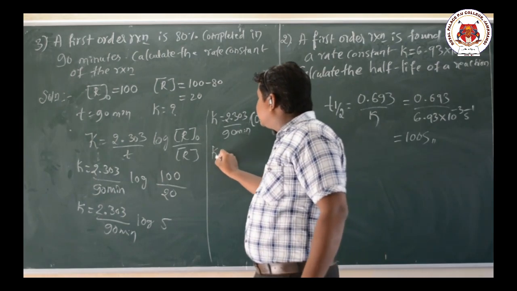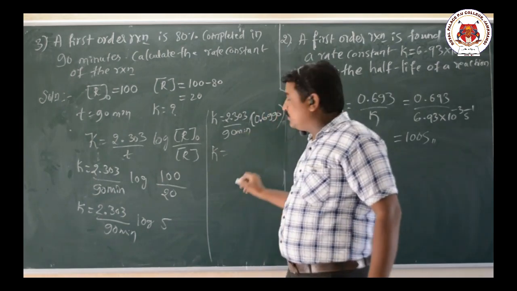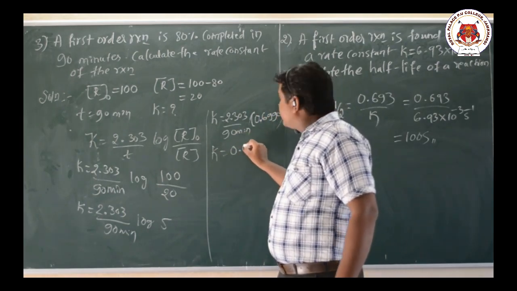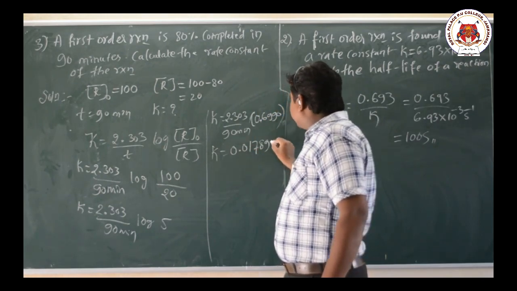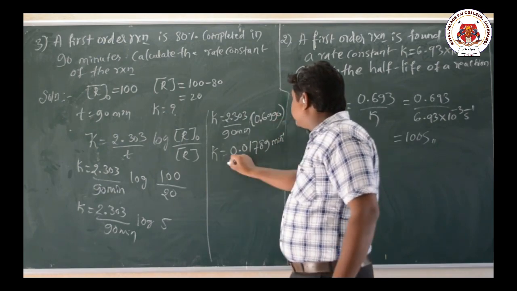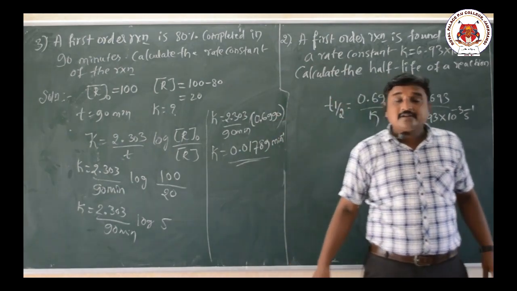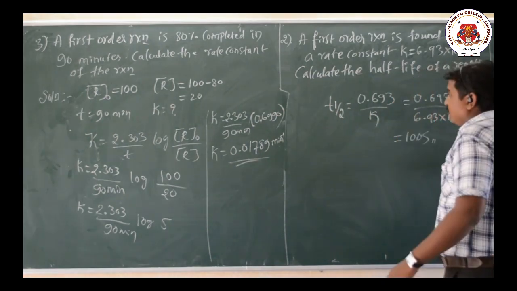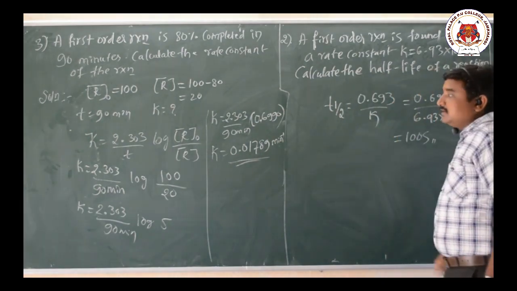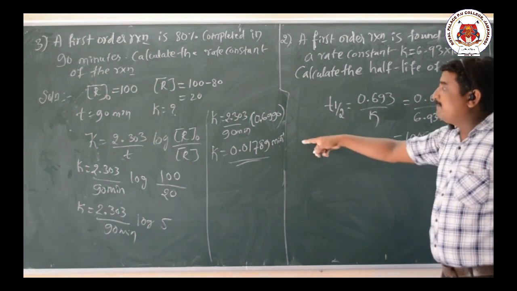After calculating this, you will get K equal to 0.01789. Since minute goes to the denominator, the unit becomes per minute. So this is the rate constant for the given problem: K equal to 0.01789 per minute.